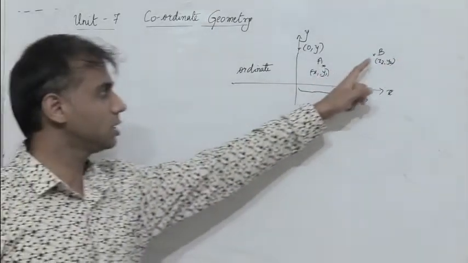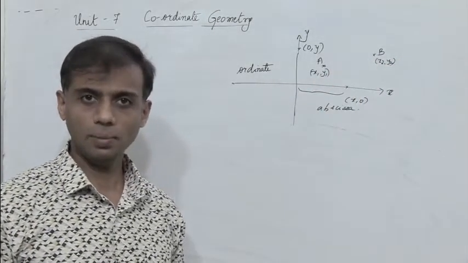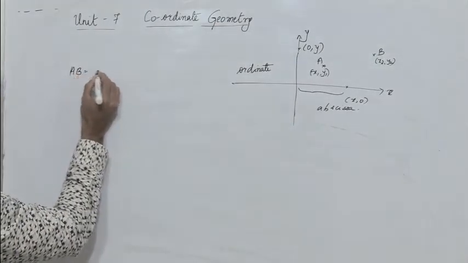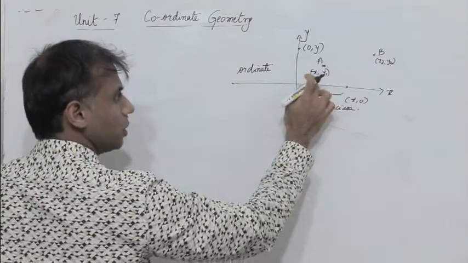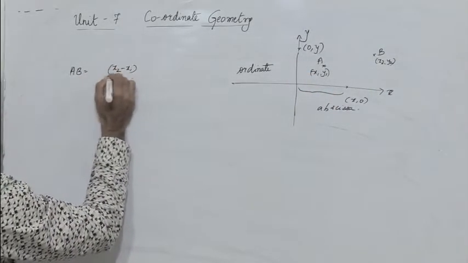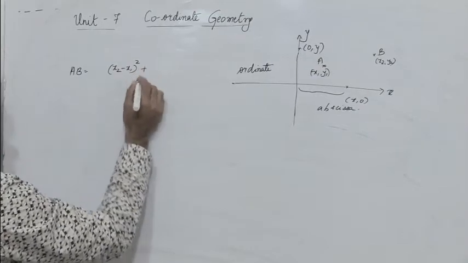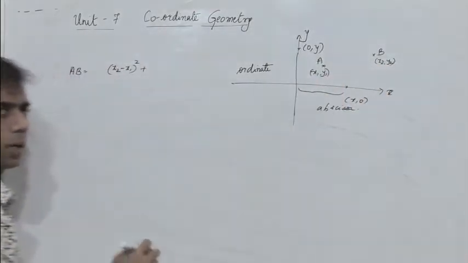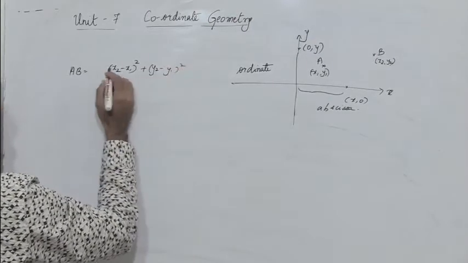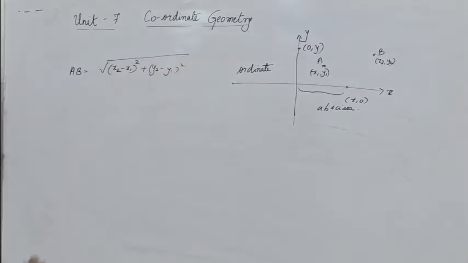The distance AB is given by the square root of (x2 minus x1) the whole square, plus (y2 minus y1) the whole square. This is the formula we need to solve the first exercise, which is exercise 7.1.